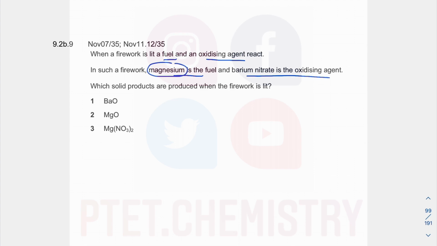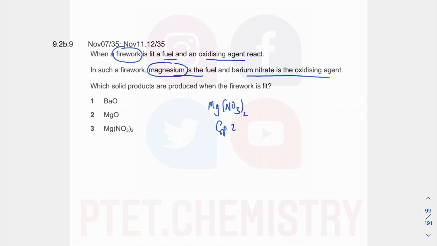Instead you can imagine getting magnesium nitrate, which is your group 2 nitrate. However, in the presence of such heat, because as you know, a firework is an example of an exothermic reaction, right? It gives out heat, that's why you get all that smoke, and you also generate a lot of light energy as well.